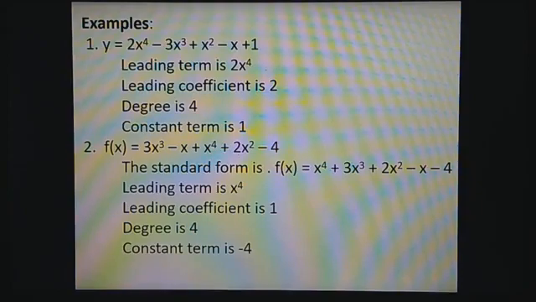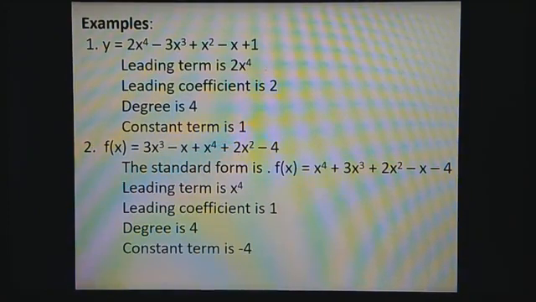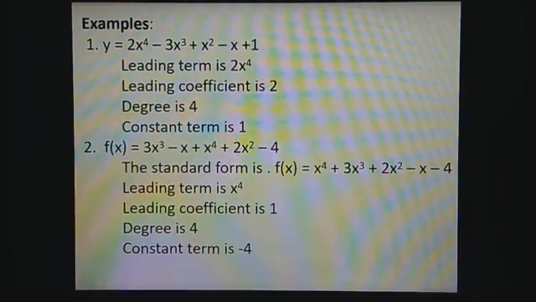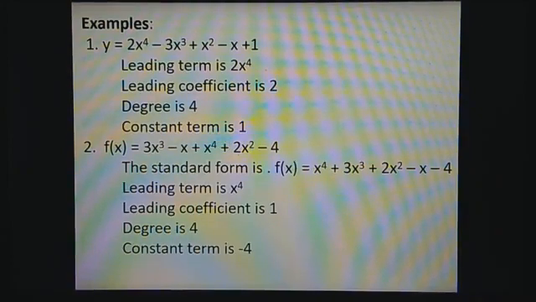So the leading term, the term with the highest exponent, which is written as the first term of the function, is 2x raised to 4. Now, what is the leading coefficient? When we say leading coefficient, if you already identify the leading term, look at the leading term. So the numerical coefficient is 2. So that 2 is our leading coefficient.